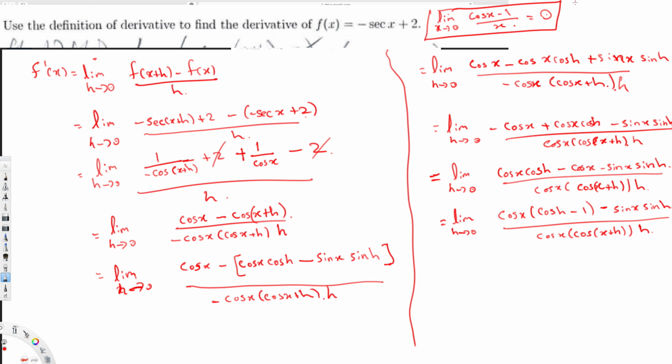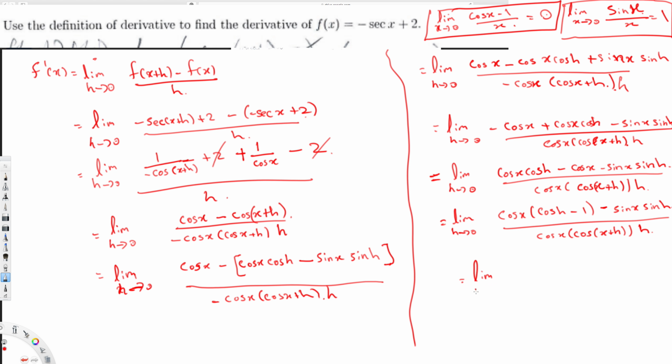Another rule we have to remember is that when limit x approaches 0, sin x over x is equal to 1. This is why I rearranged this equation, because we are almost getting that format. The only thing we have to do is get the h below this. So let's see how we can bring it.